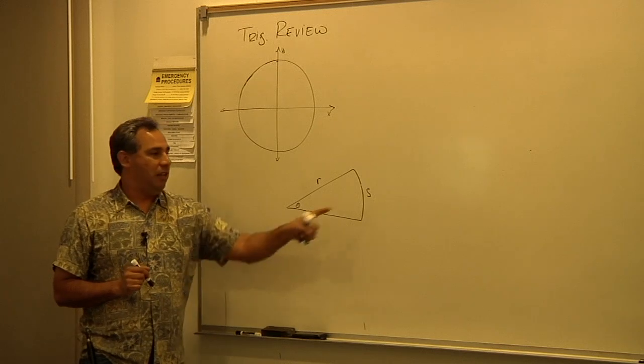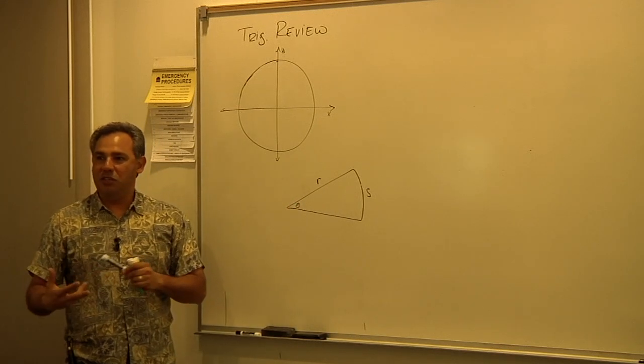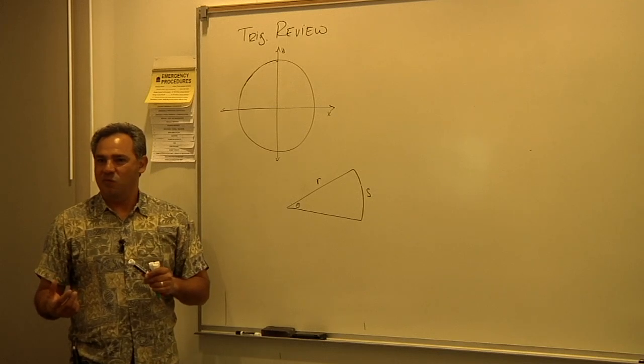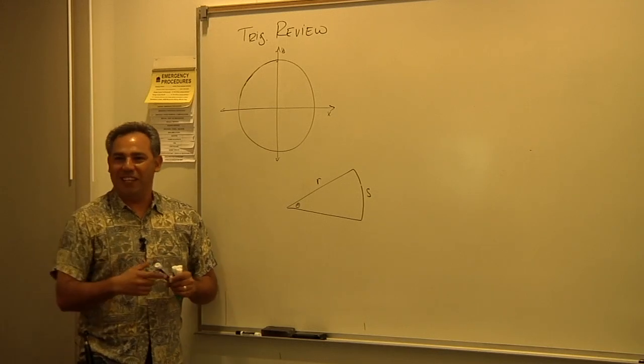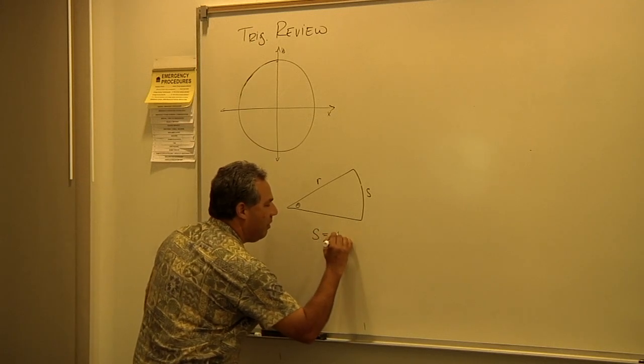How do you relate S, R, and theta? What's the equation that relates those three things? It's right there. S equals R theta. We just said it. S equals R theta.